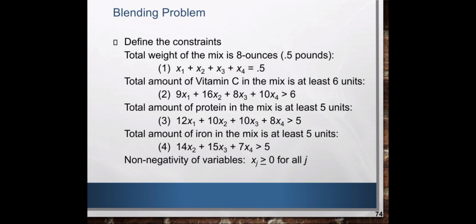So 12x sub 1 plus 10x sub 2 plus 10x sub 3 plus 8x sub 4 is greater than or equal to 5. The total amount of iron in the mix is at least 5 units. So 14x sub 2 plus 15x sub 3 plus 7x sub 4 is greater than or equal to 5. The non-negativity of variables: x sub j is greater than or equal to 0 for all j.